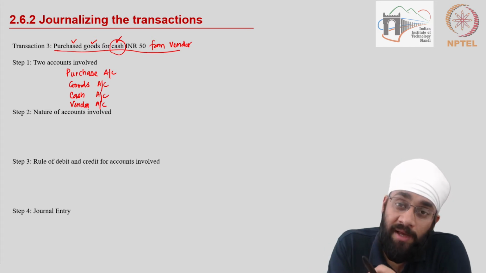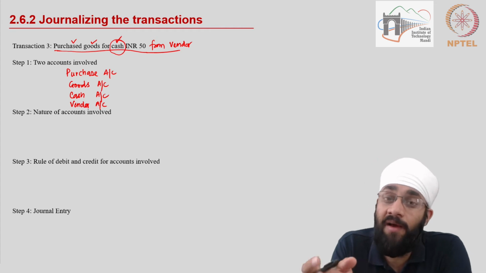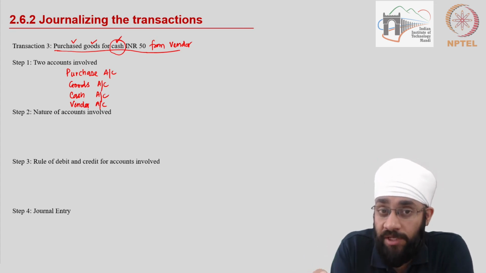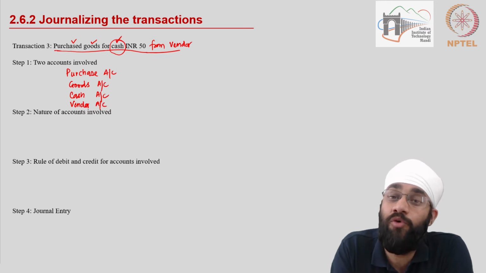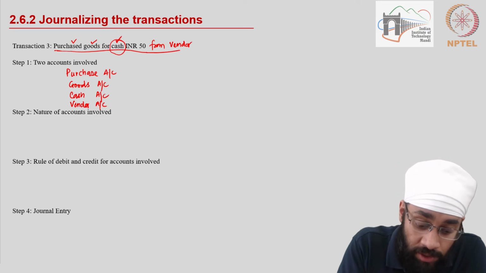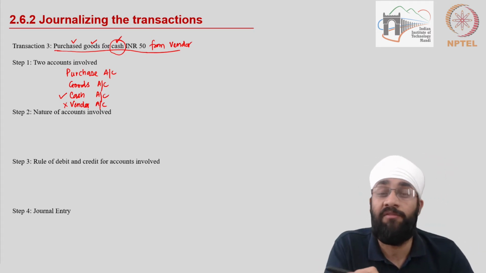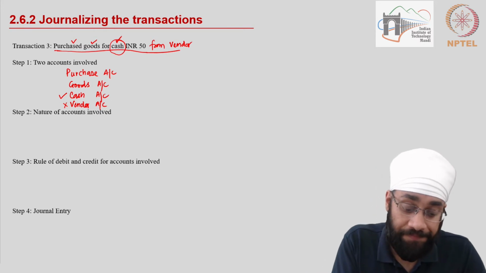You only create a record for the vendor if you have to pay him, or any other business if you have to receive from him. So any cash transaction, we do not bother to record it in the account of the person with whom the transaction is being done. If it is cash, we just take cash account. So cash account is certainly an account, but vendor's account I'm going to eliminate because we have paid the vendor. No more liabilities, no more recording.